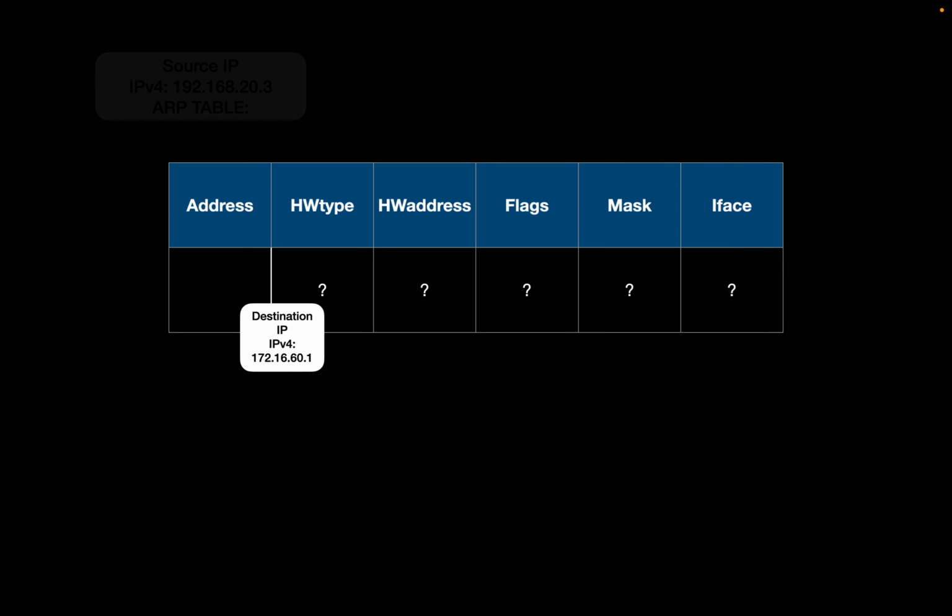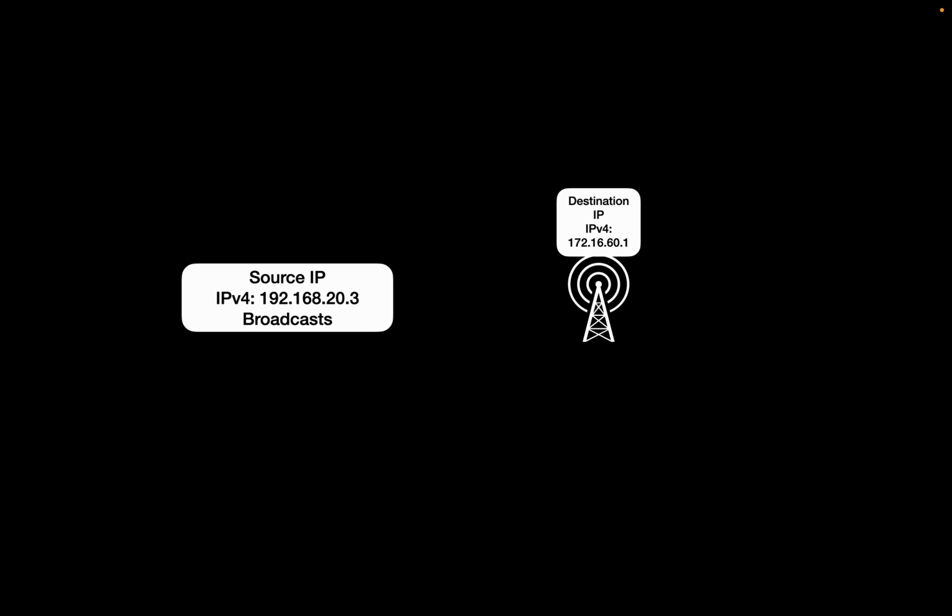So we will have to ask the router of who is... we will broadcast and we will try to find out who has this destination IP. So we will send out and wait for a response in order to know what hardware address is on this IP address.